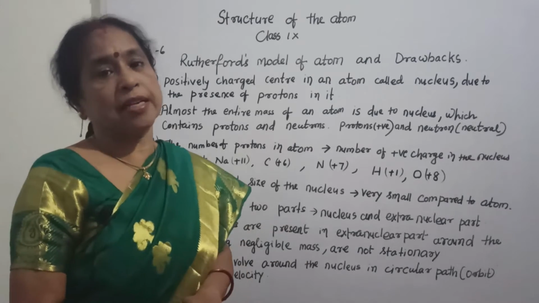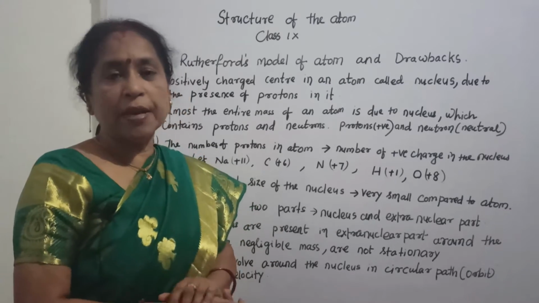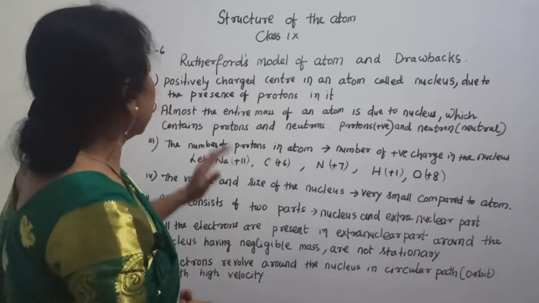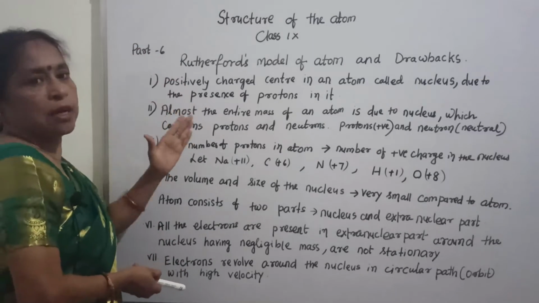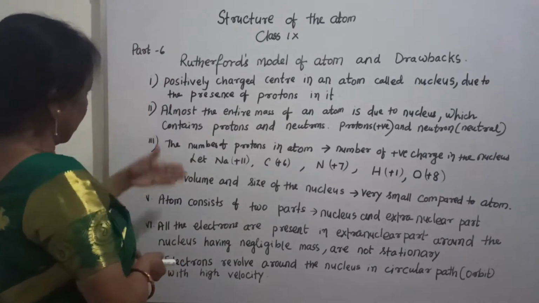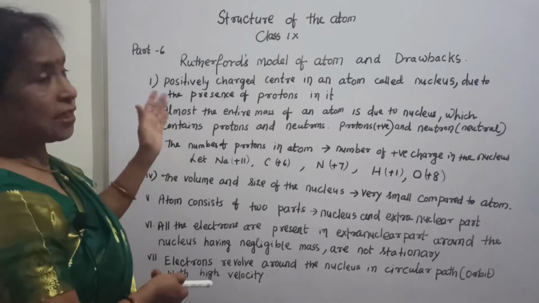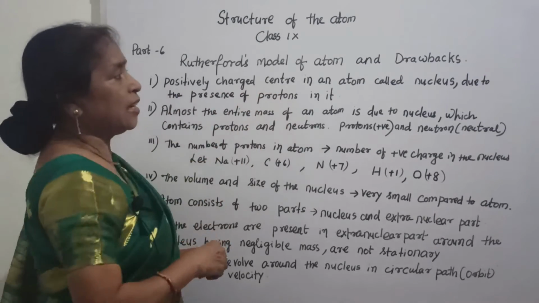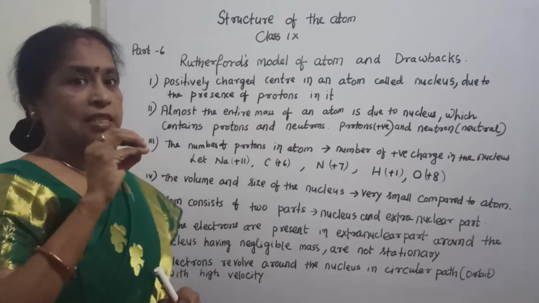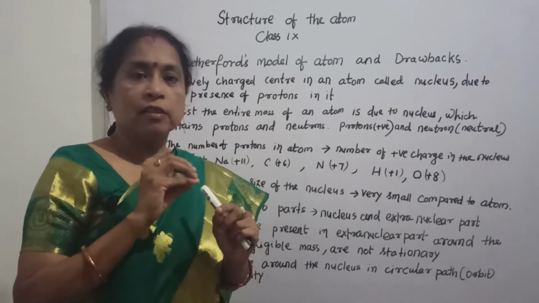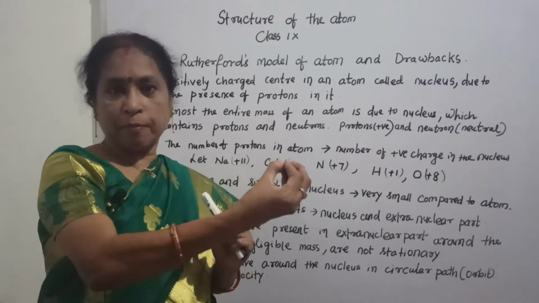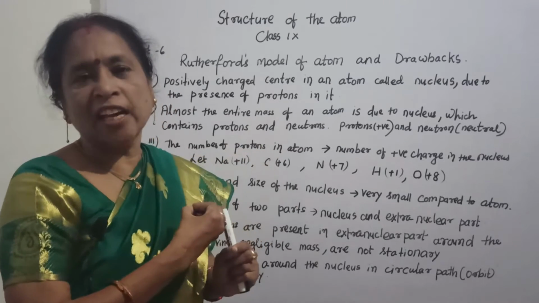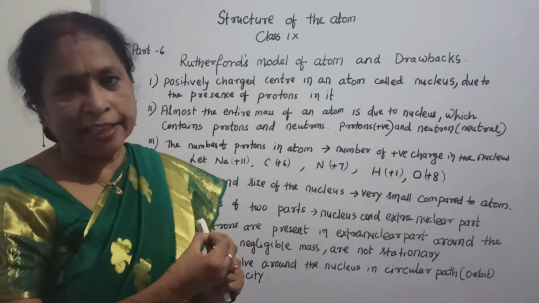After Rutherford's experiment and its conclusion, now the Rutherford's model of atom is produced and postulated. So what is that? You know there is a positively charged center in an atom, because the alpha particles return back at an angle of 180 degrees.